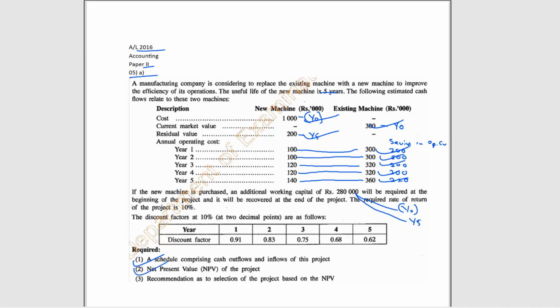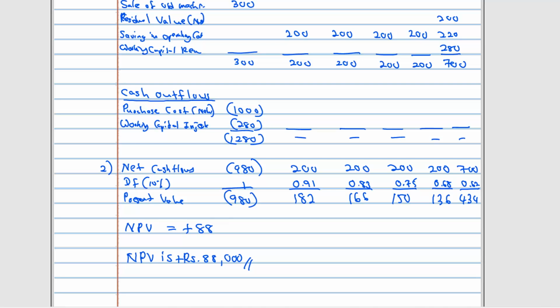Then part C of the question, they are asking for the recommendation. You know, if the NPV is positive, you have to accept it. If the NPV is negative, you have to reject it. So here let's write the recommendation.